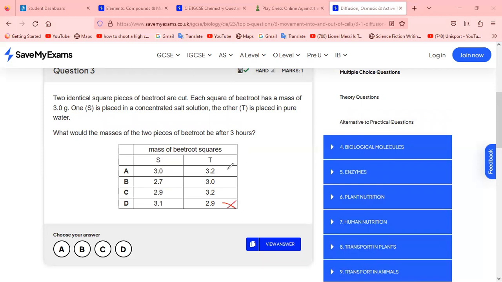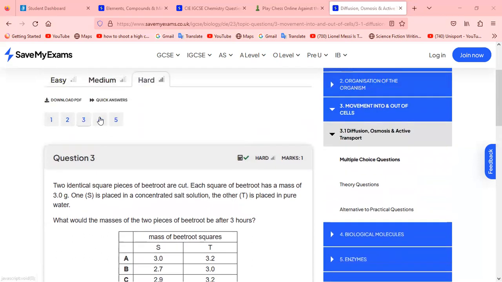But first of all, one has to increase and one will decrease. So it can't be A, it can't be D, and it can't be B, so it has to be C. Yes. Let's move on to the next question.